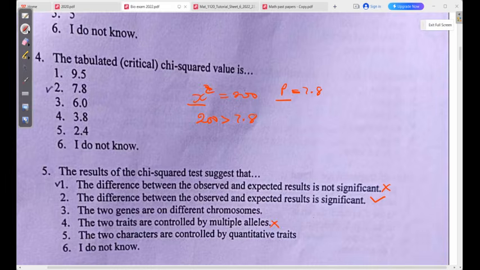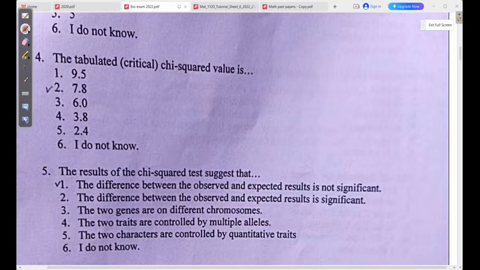The 2 characters are controlled by quantitative traits. So quantitative traits are also not related to the problem which we have. So the conclusion that we are going to make based on this result is option 2: there is a significant difference between the observed and the expected results.